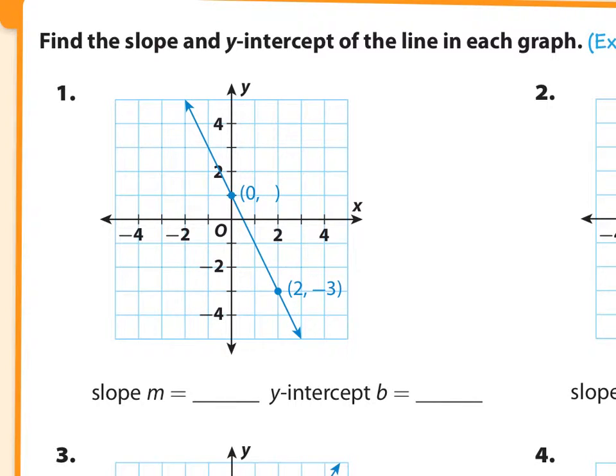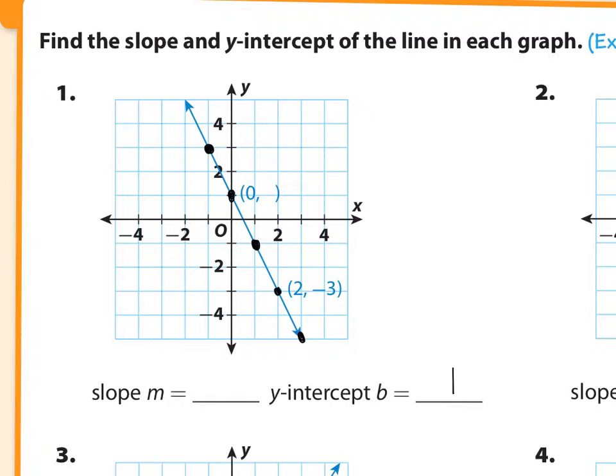All right, what is the y-intercept on this graph? 1. Crosses at the 1. All right, now for slope, I see that it gives you 2 points. But again, we need to be able to recognize that that's a good point, that's a good point, that's a good point. All of those are good points to use. So, rise over run.